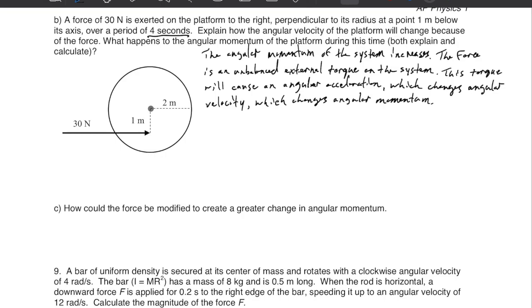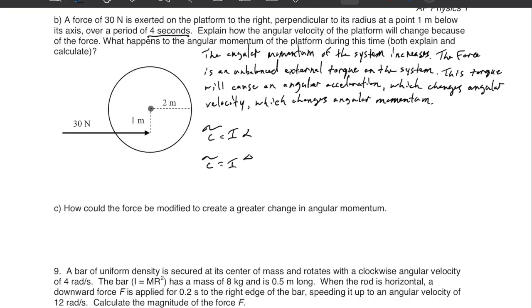All right, so let's calculate. We know that torque is equal to I alpha, or rotational inertia times rotational acceleration. So if torque is I alpha, torque would also be I times the change in angular velocity over time, because alpha is the change in angular velocity over time.